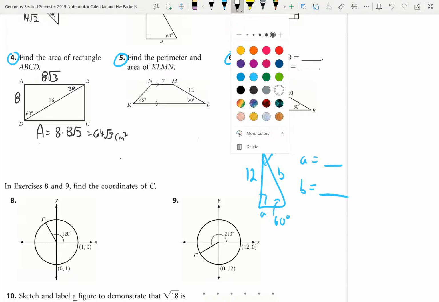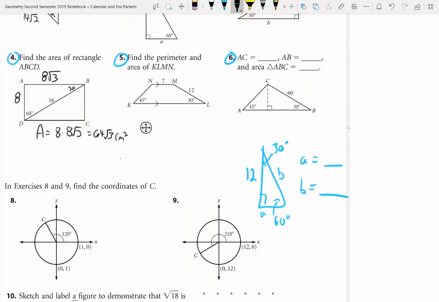Okay, so find the perimeter of this thing. So this is a, go ahead and draw this here. This is 12, so the short leg is 6, and this is 6 root 3. And this is also 6, and that's 6, and that's 6 root 2, because 45, 45, 90.